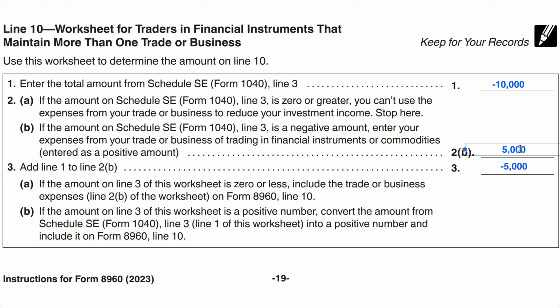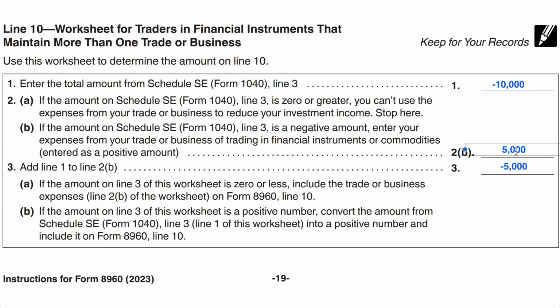Now we'll add line 1 to line 2B. In this case, we get negative $5,000. If the amount on line 3 of this worksheet is 0 or a negative number, then you would include the trade or business expenses, this line 2B number, on line 10.